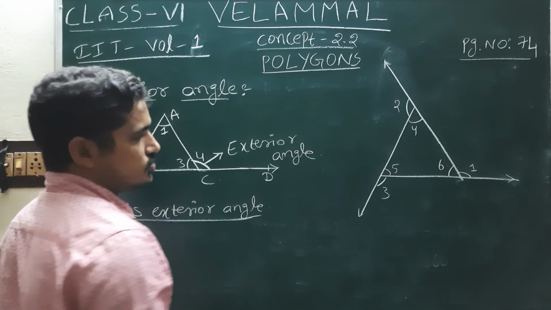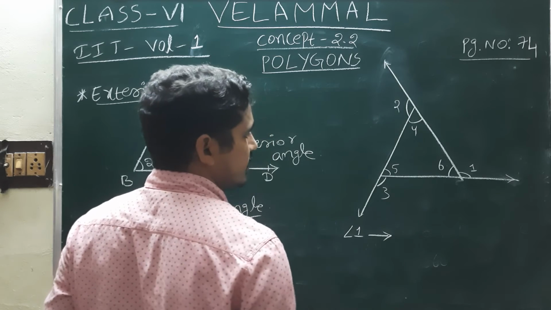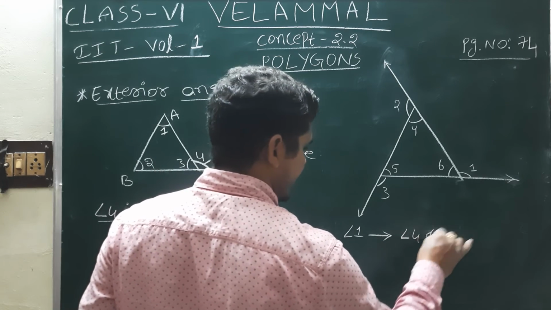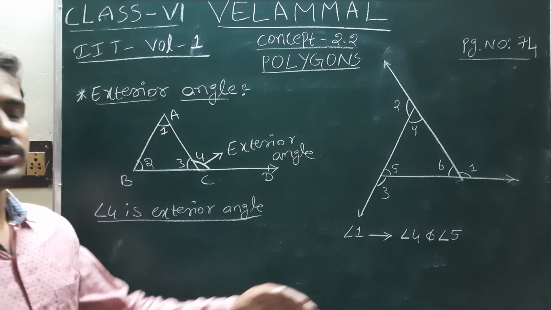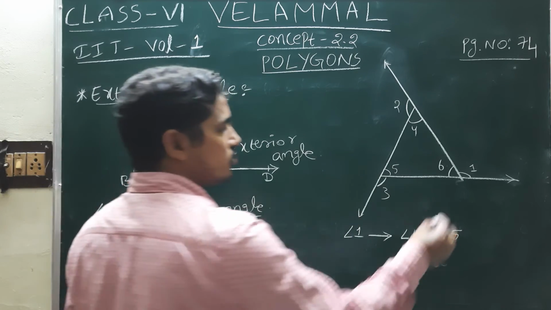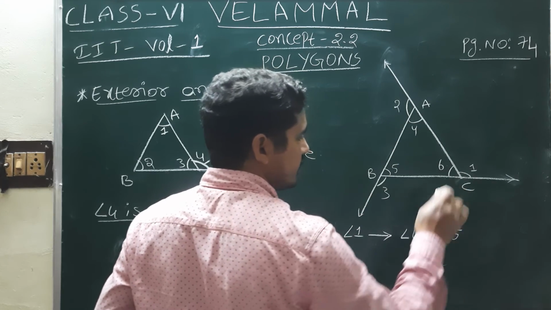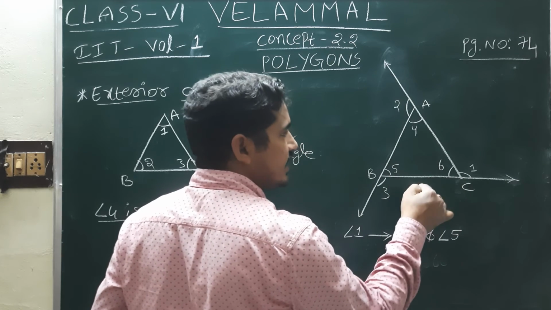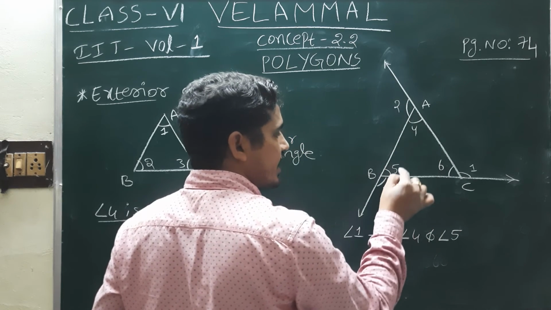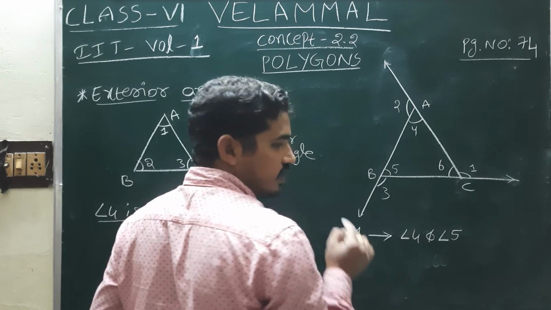So to the angle 1, angle 4 and angle 5 are called the opposite exterior angle, opposite interior angles. So I am taking ABC as the name of the triangle. Angle 1 is at vertex C. So the interior angles at angle A and angle B are called the opposite interior angles to the angle 1.